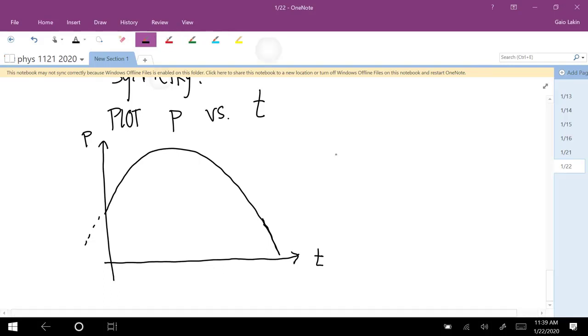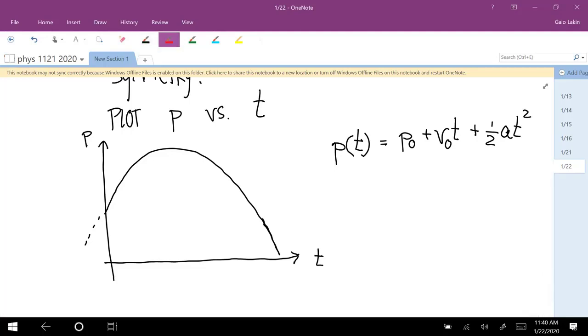Because the function is P of t is equal to P0 plus V0 t plus 1/2 a t squared, and this a is negative.